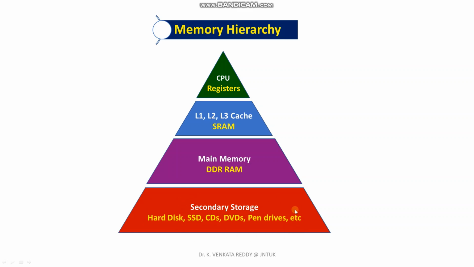As these are very low cost devices, a huge amount of secondary storage can be provided at less cost. In present day personal computers, we are able to provide up to 2 terabytes of secondary storage in the form of hard disks, solid state drives, etc.